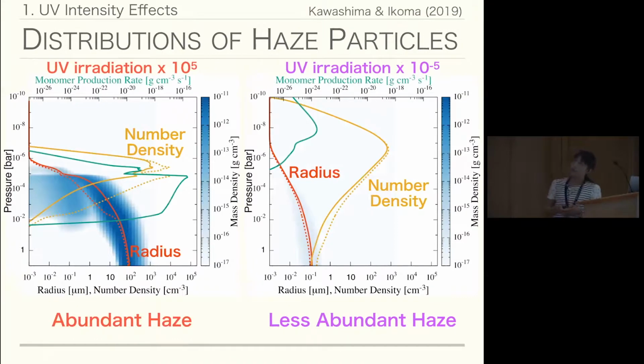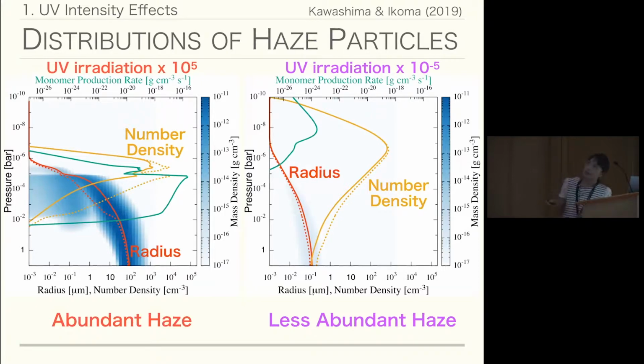And these two figures show the distribution of haze particles for the high UV radiation intensity case and the low UV radiation intensity case. The vertical axis shows the pressure in bar, and the red line shows the average particle radius, while the orange line shows the number density of haze particles. Also, I plot the monomer production rate with green lines and the mass density of each particle size with blue color contour.